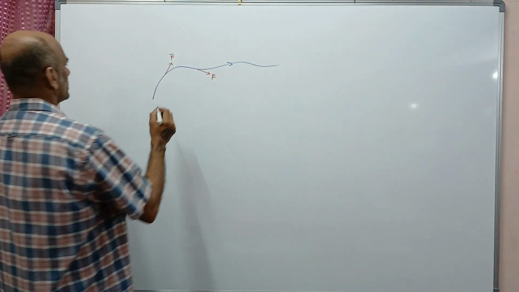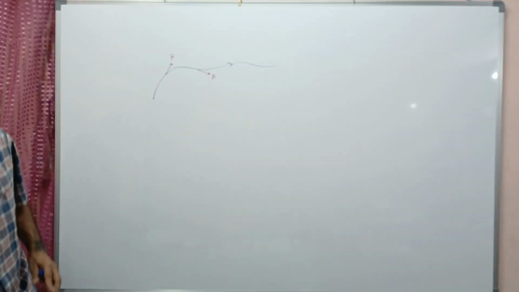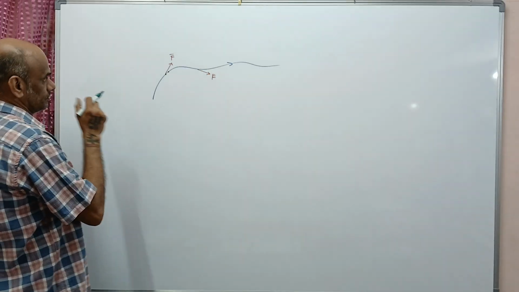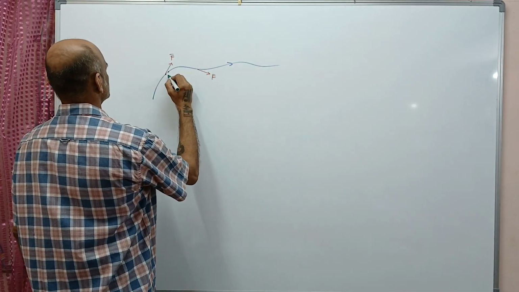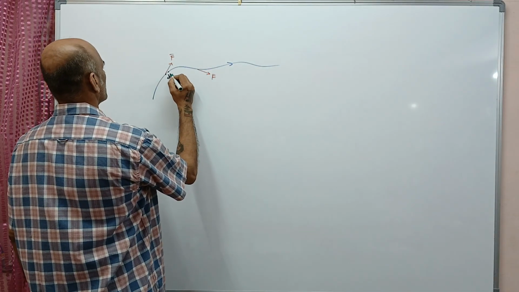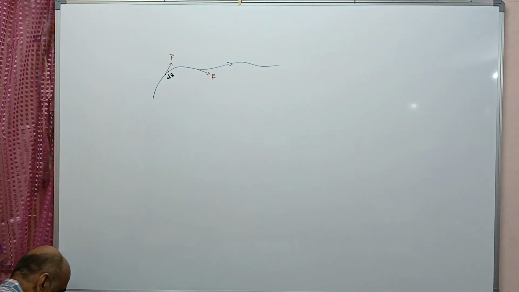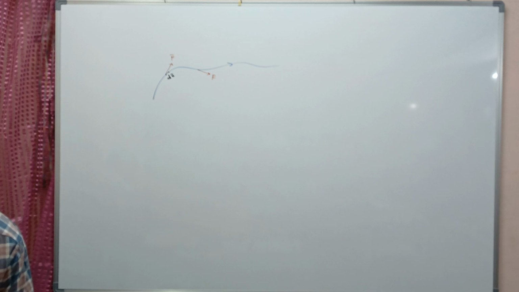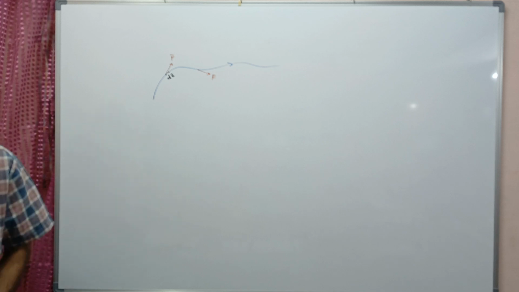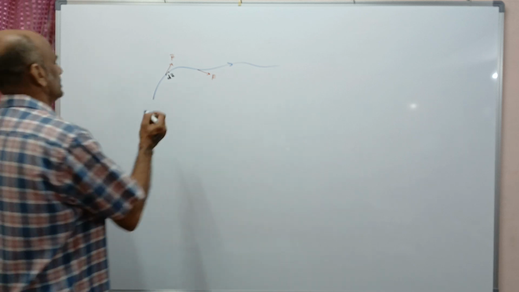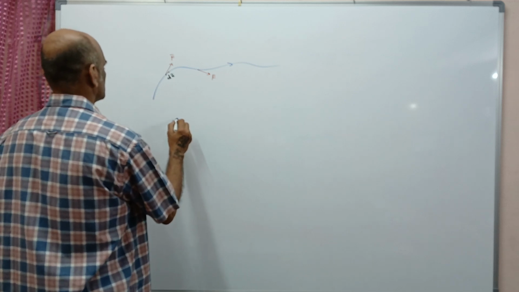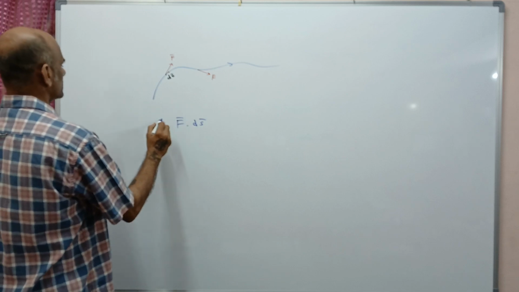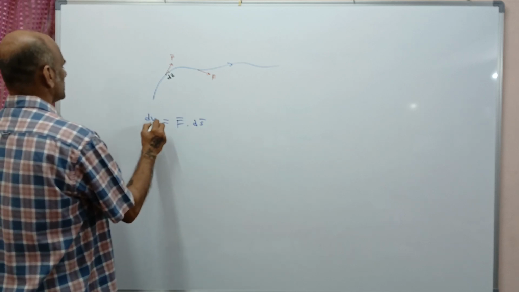So the work done to move from this point to a small distance point, say the distance is ds, the work done is given as F dot ds, and this is a small amount of work. It's denoted by dW.